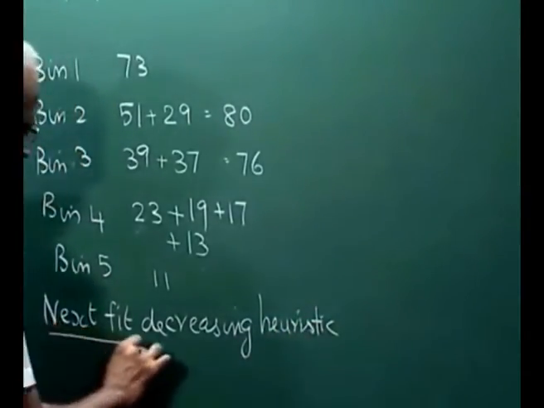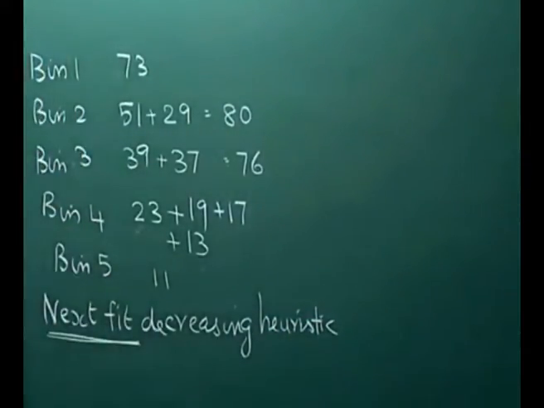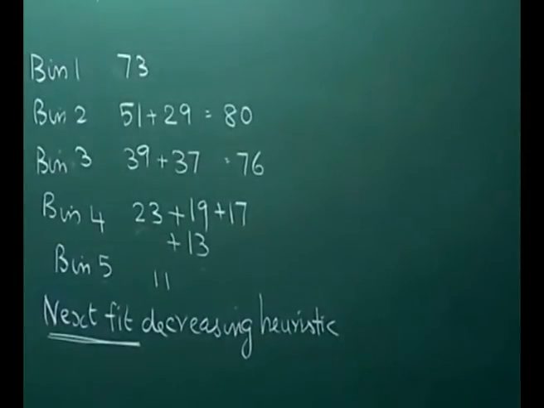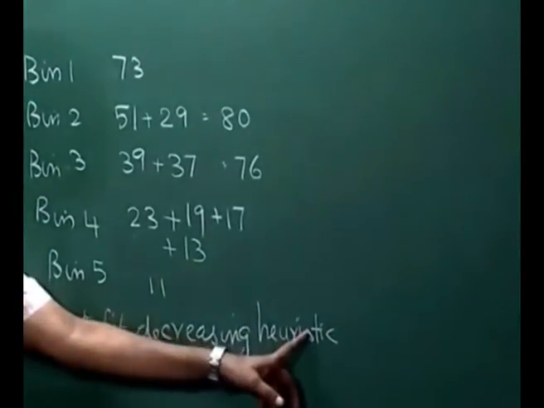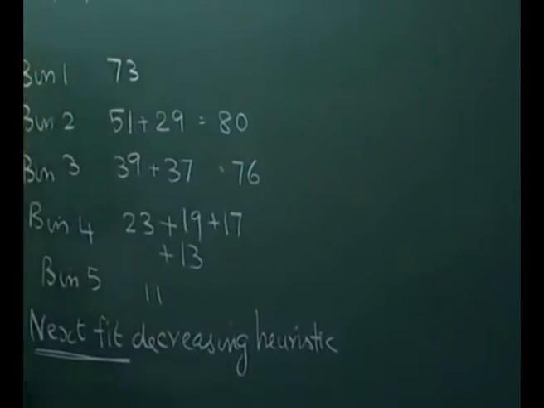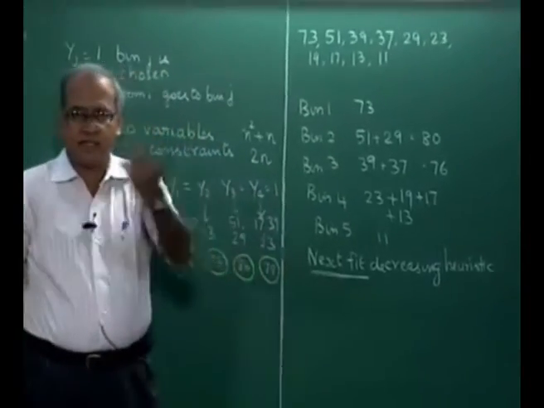It is called the next fit decreasing heuristic. Important thing, it is a decreasing heuristic because the items are already arranged in decreasing or non-increasing order.